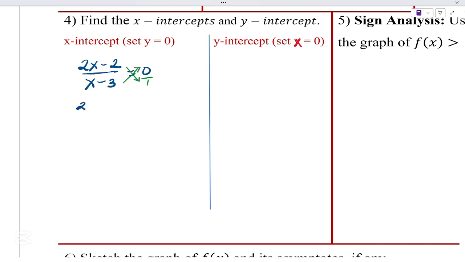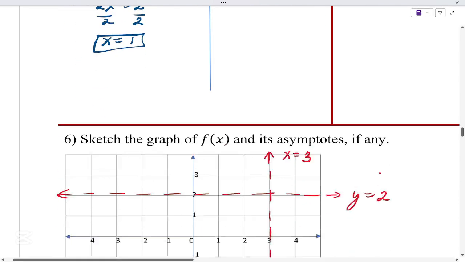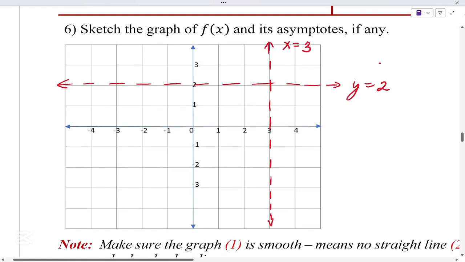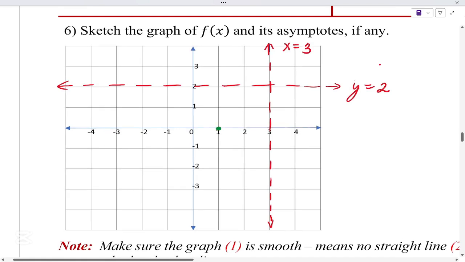So we have 2x minus 2 times 1 is 2x minus 2, and x minus 3 times 0 is 0. So it is enough to equate the numerator to 0. So 2x minus 2 equal to 0, we bring negative 2 to the other side. So we have 2x is equal to 2, and then dividing both sides by 2, x is equal to 1. So this is our x-intercept. To plot the x-intercept in our graph, x equal to 1, we graph a point at this location.